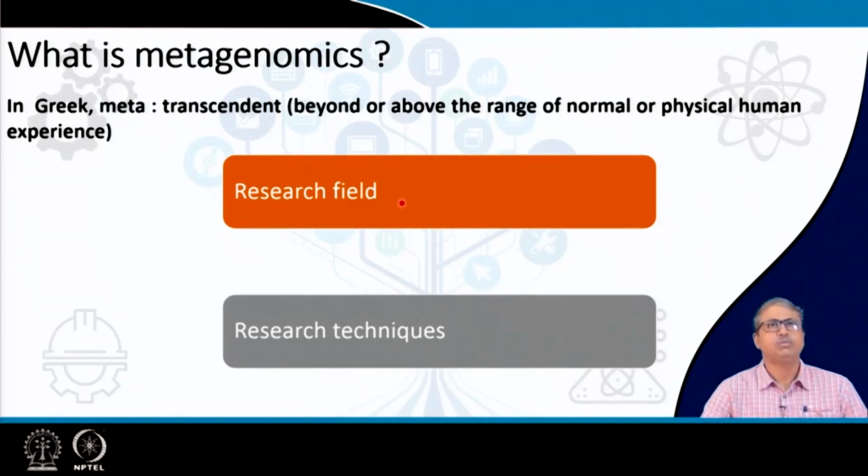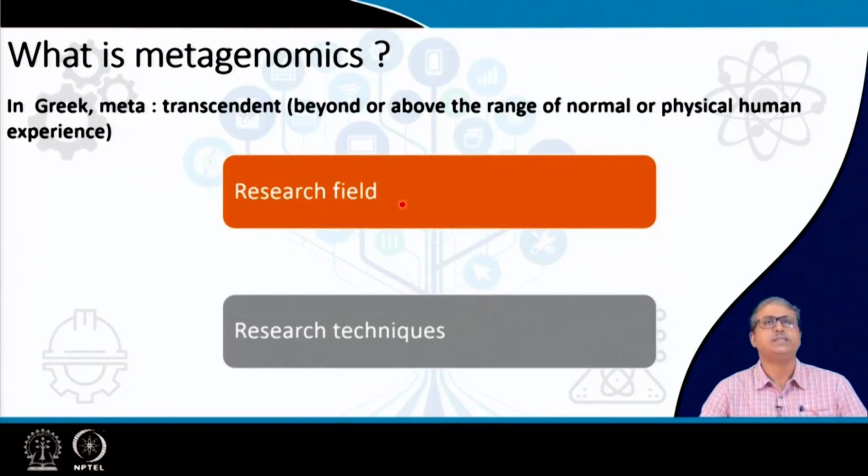Now, with respect to microbial community analysis, the use of the term meta along with genomics refers to some kind of protocol, some kind of understanding, some kind of advancement that the scientists have made utilizing the concept of microbial genomes.